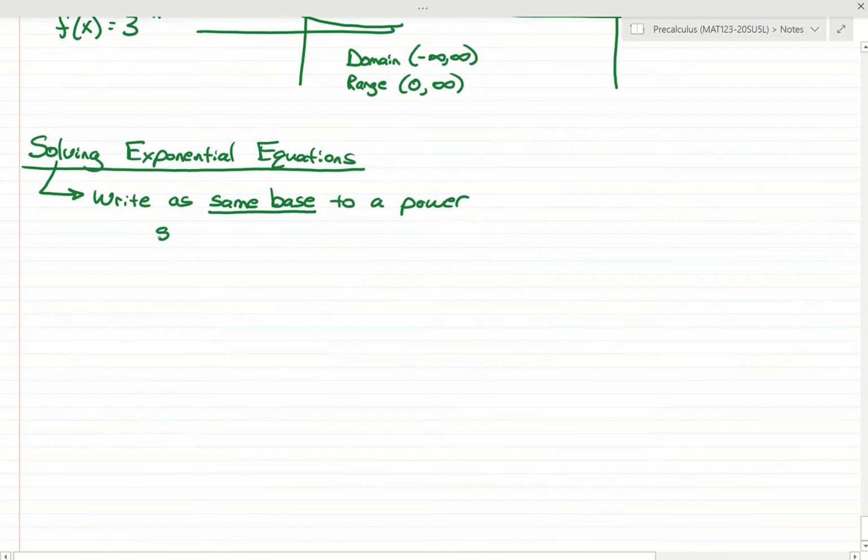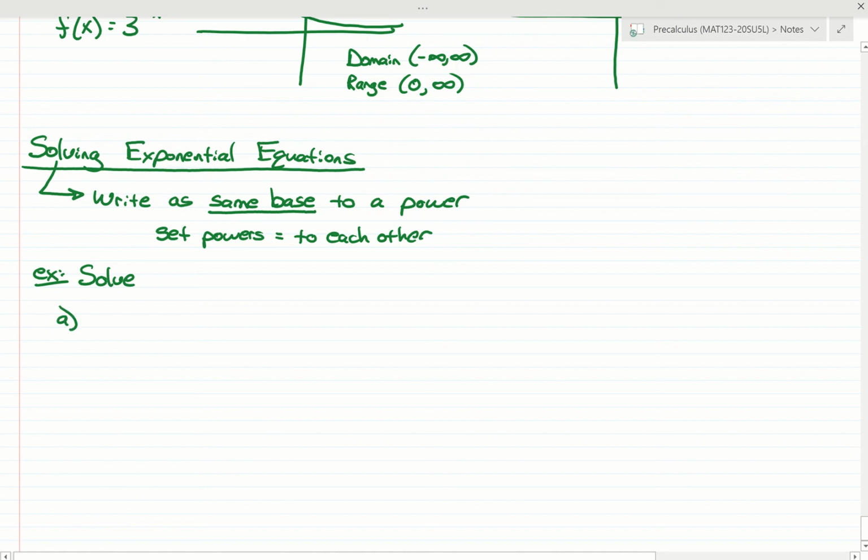And then what we could do is set the powers equal to each other. So let me show you a few examples here. And the directions are going to be to solve.